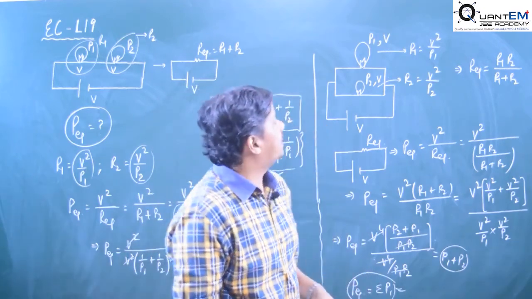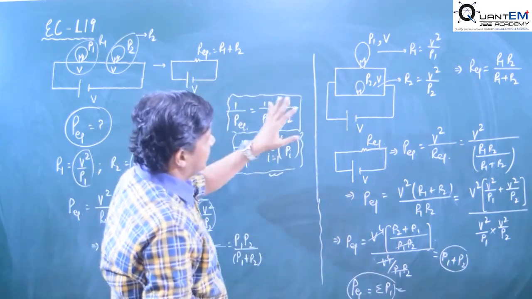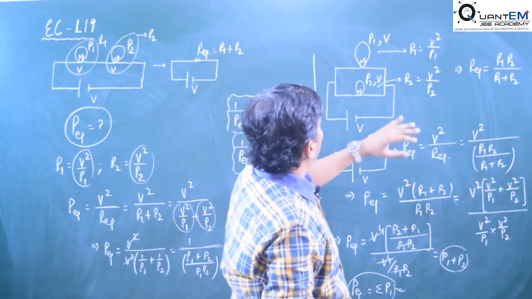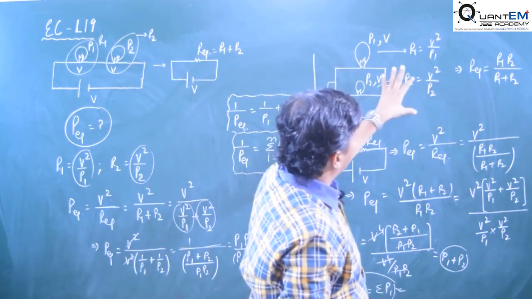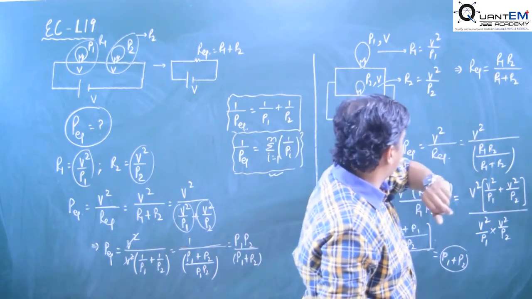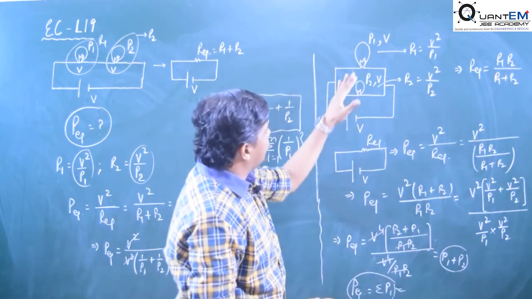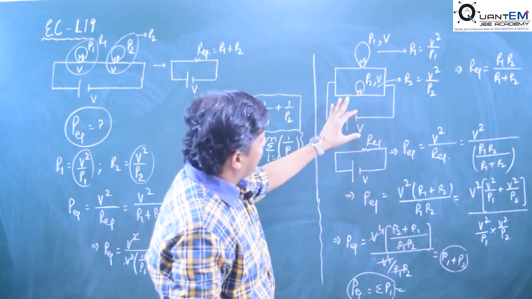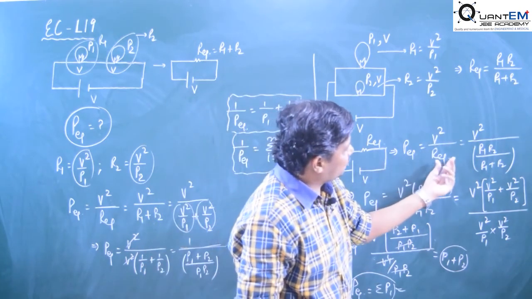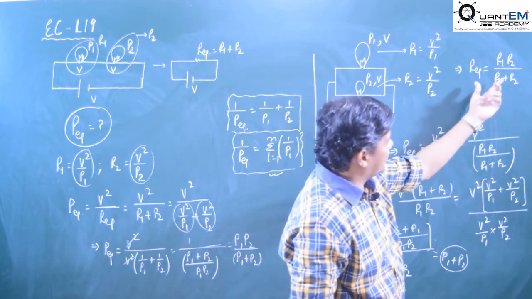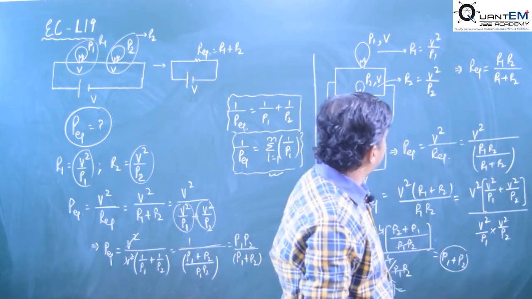Okay, similarly if the elements are connected in parallel, we get the resistances accordingly. Since these are in parallel, the equivalent resistance is R1 R2 by R1 plus R2. Okay, the equivalent resistance we have taken here, and the supply we have is V. So we get the supplied power, that is V square by R equivalent. In place of R equivalent we take this value.